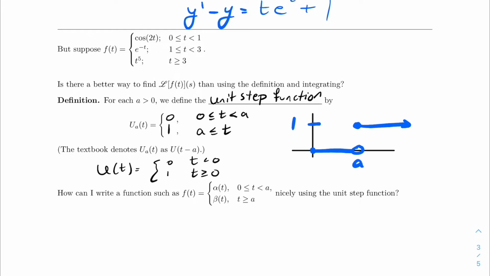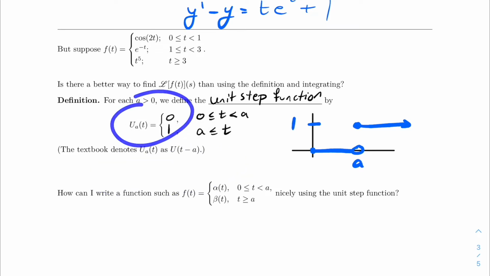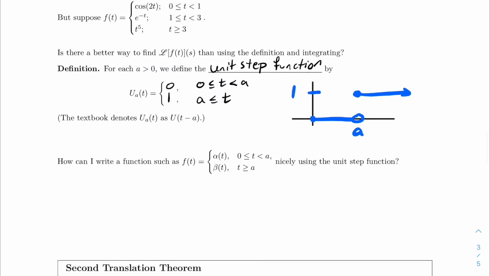I think this was supposed to be strictly less than. You can say u sub a of t is a translation by a units, and I think that's kind of weird, so we're just going to do this. It's a little more intuitive, and it's not going to change anything to use slightly different notation.